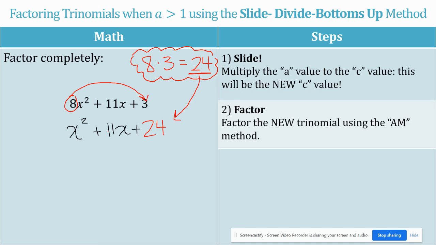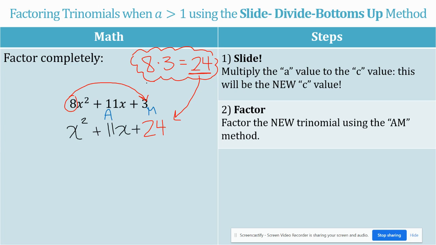In the form that it's in now, we're able to factor it the way we have been doing it, using that AM method where we find two numbers that add to 11 and multiply to 24. You can make your table, or you can do it mentally, it's up to you. So you have to think, what are two numbers that when I multiply them give me 24, and when I add them give me 11? After a little bit of thinking about it and writing it down, those two numbers are 8 and 3.